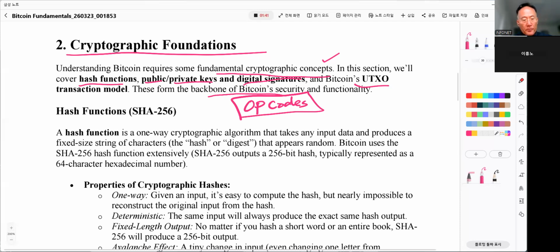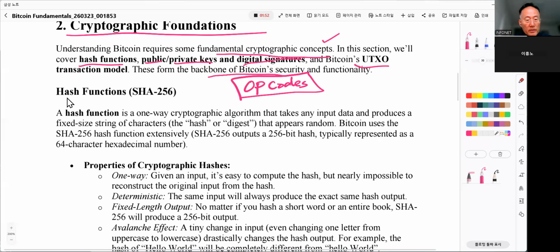Okay, so all right. First off, hash function. Hash function SHA-256 is a one-way cryptographic algorithm that takes any input data and produces a fixed size string of characters. We call it hash or digest that appears random. So this looks random, and it's actually a random integer.